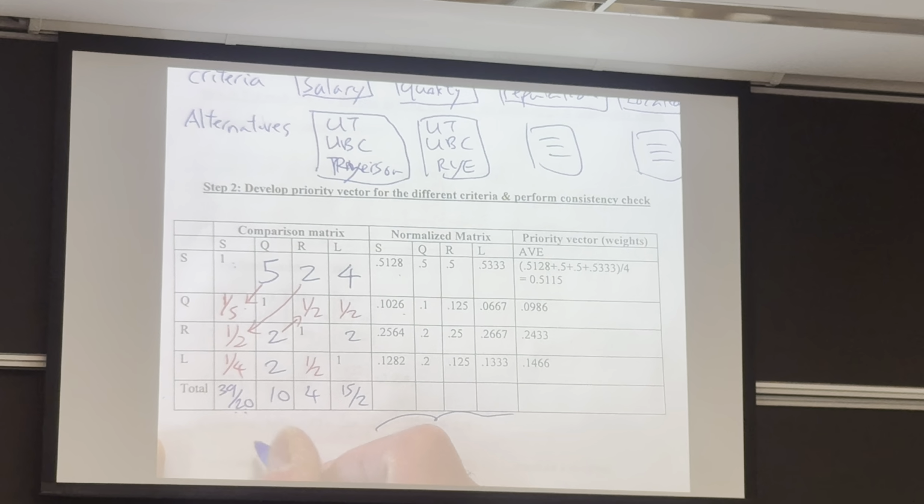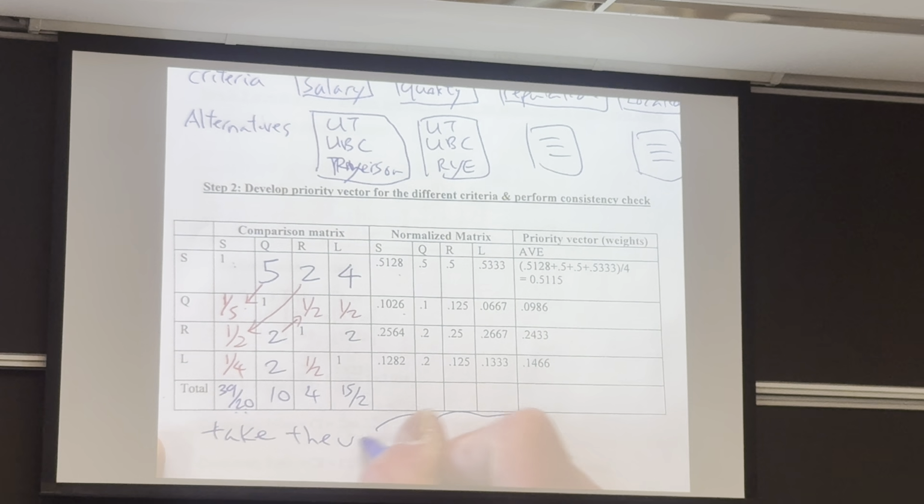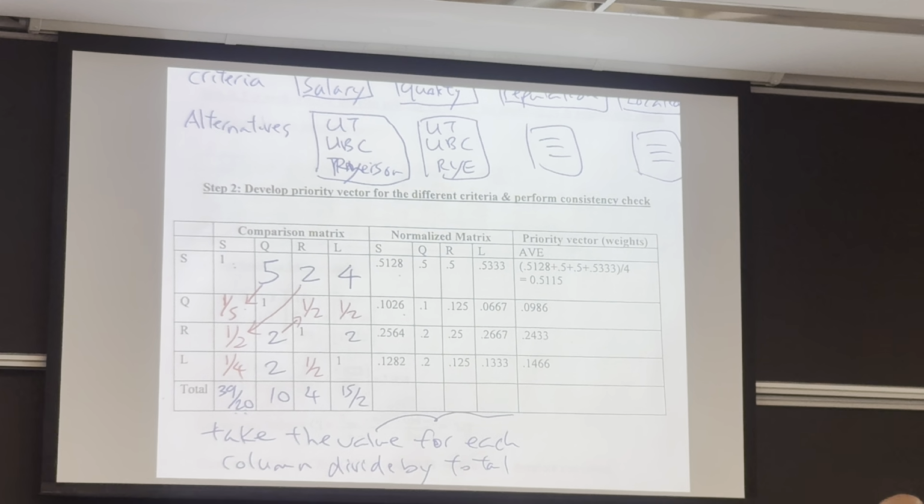So basically to do this, you have to take the value for each column and divide by the total. So that's how we so-called normalize the matrix.